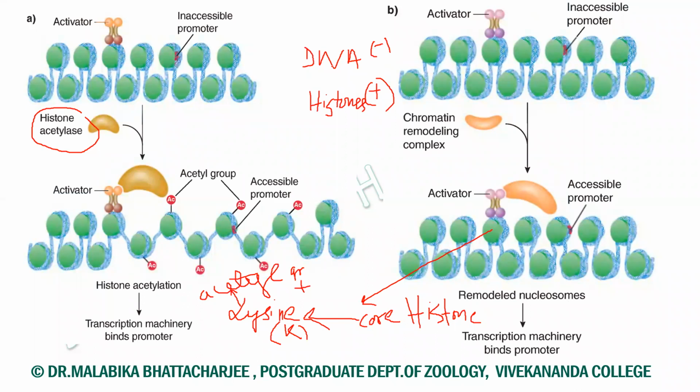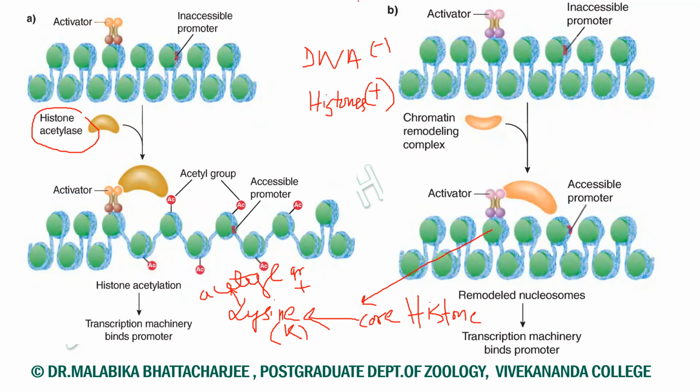Now suddenly an enzyme comes and adds an acetyl group to one amino acid present in a histone. So histone gradually starts losing its positivity. Lysine, as I said, is positively charged, and when an acetyl group is added to lysine, acetyl is itself negative, so histone starts losing its positivity.